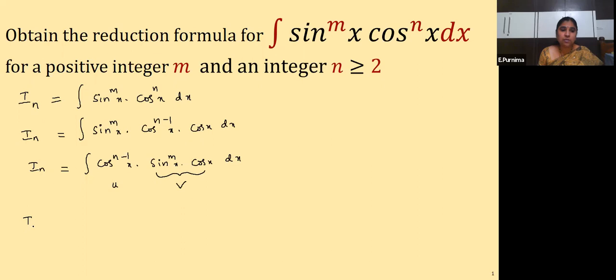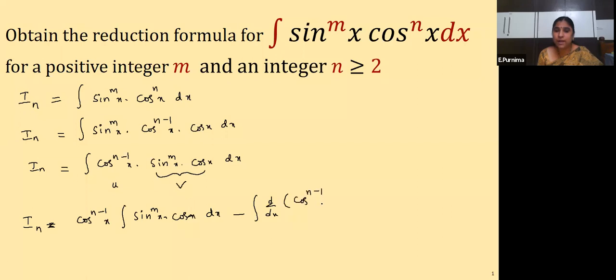So In is equal to, I am applying the uv formula. What is uv? U into integral v. So u is nothing but cos to the power of n minus 1 x into the integral of v, sine to the power of mx into cos x dx, minus the integral of d by dx of cos to the power of n minus 1 x into the integral of sine to the power of mx into cos x dx, whole dx.